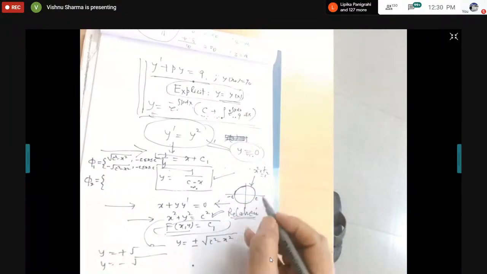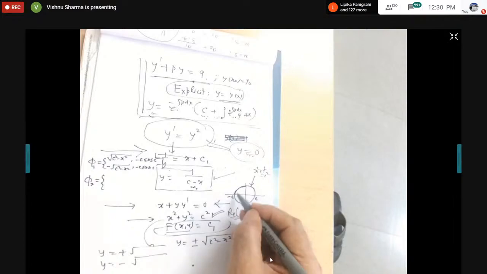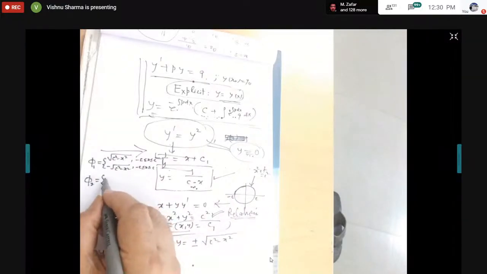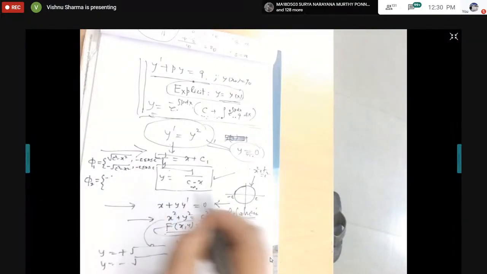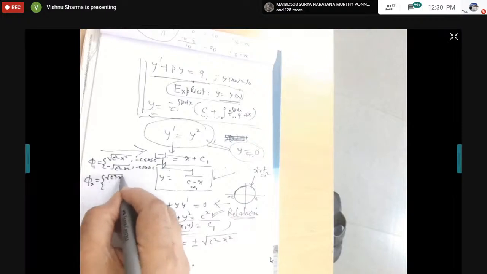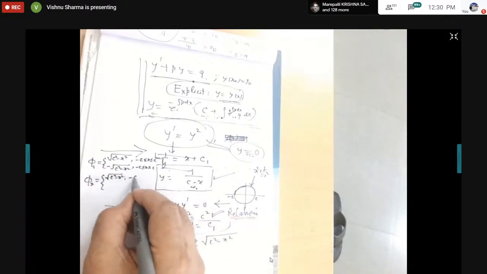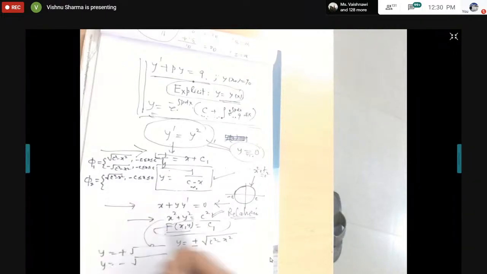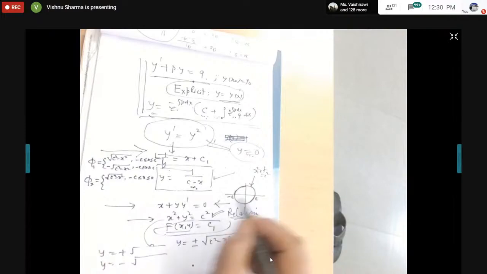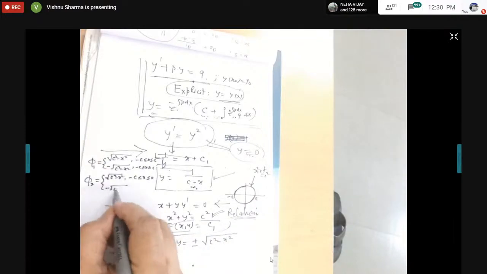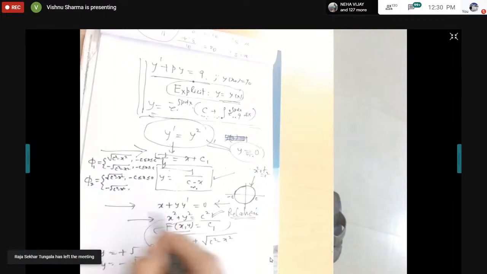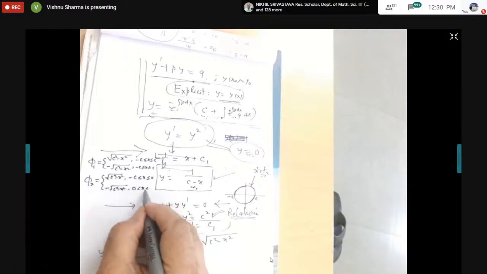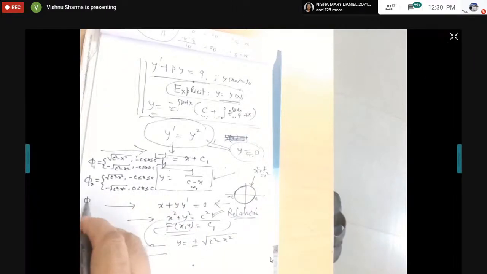This part is square root of c square minus x square on the interval minus c less than or equal to x less than or equal to 0, and this part I can write as minus square root of c square minus x square, for 0 less than x less than or equal to c. In fact, I can write infinite number of functions, you see.